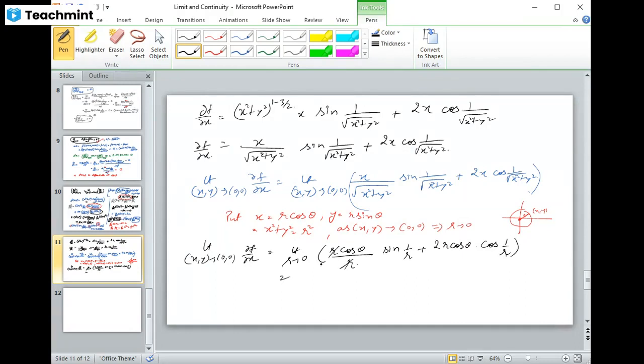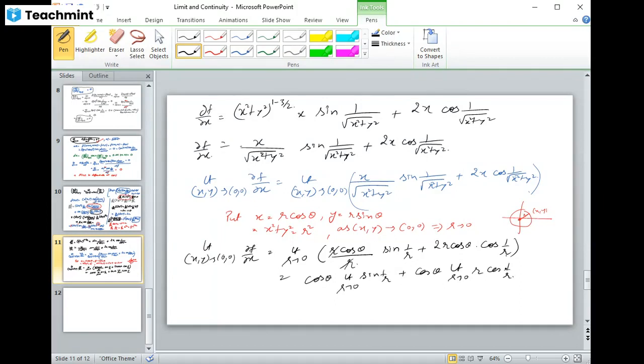So here r and r get cancelled out. So we have cos theta limit r tends to 0 sine 1 upon r plus cos theta limit r tends to 0 r into cos 1 upon r.